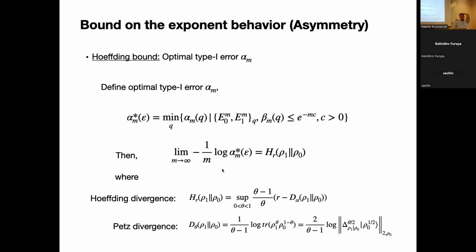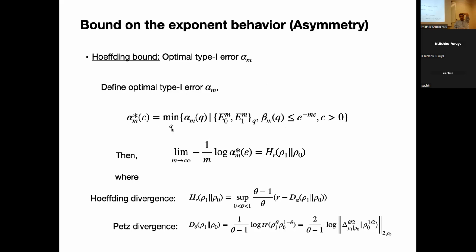Sorry, I think I swapped the roles of beta and alpha, but it is fine. The important statement from the information theory is that you can provide an upper bound for one of the errors that you're optimizing. So you give a constraint on beta, and then you want to optimize alpha.